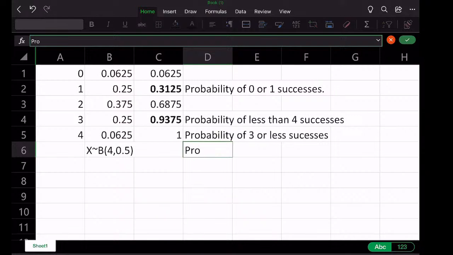So you can see I'm writing this just so you get an idea of how phrasing is done on these questions.